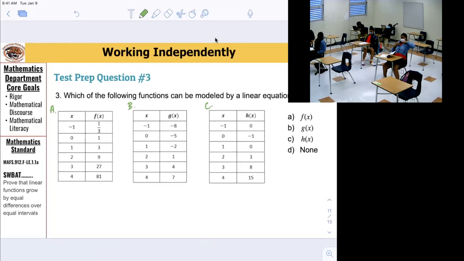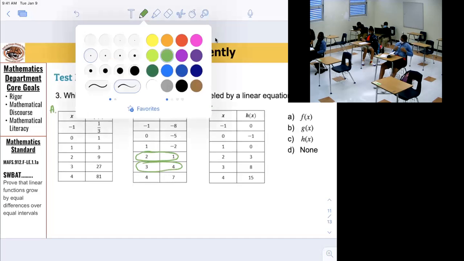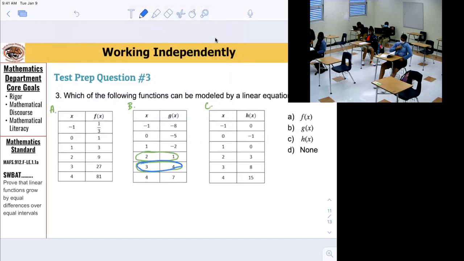Now here's the cool thing, guys, it doesn't matter which 3 points you check. So let's say you're like, oh man, I don't want to deal with negatives today. I want to skip those numbers. That's fine. You could check this one and this one. So you don't necessarily have to do the first 3 points, especially if you see numbers that give you trouble.